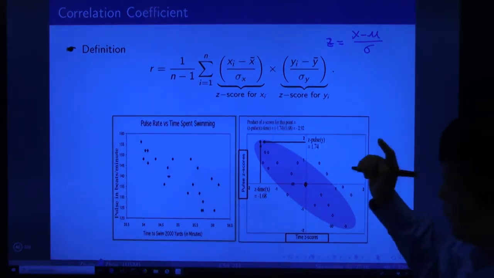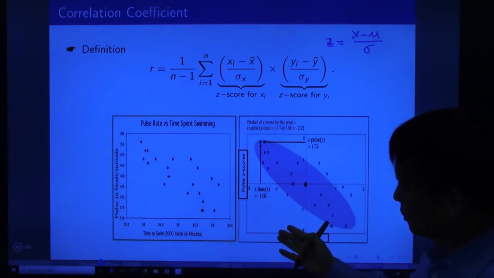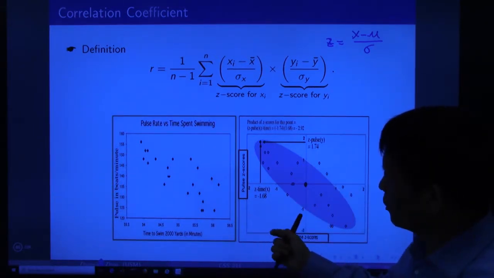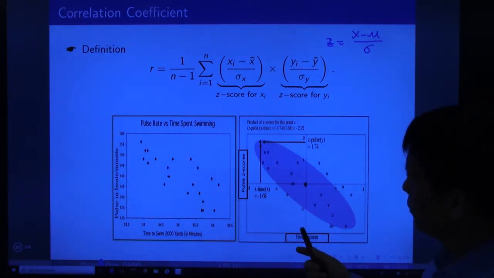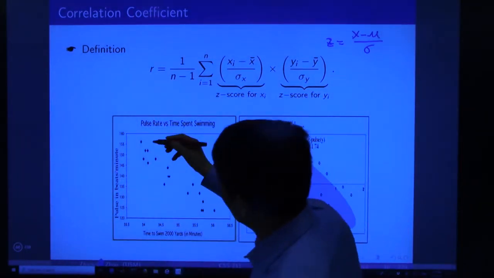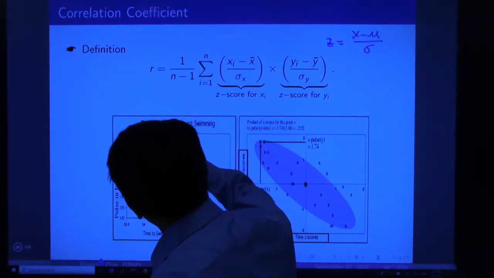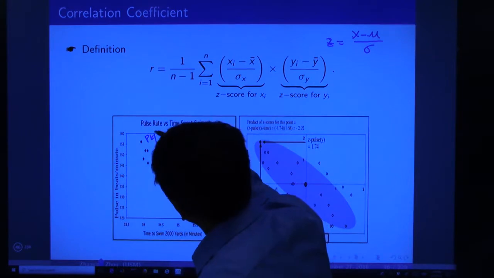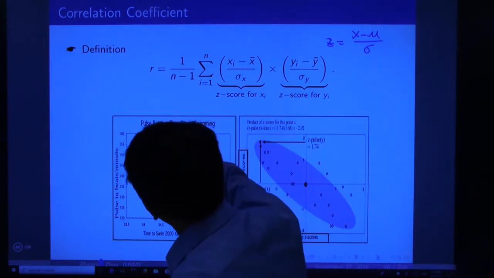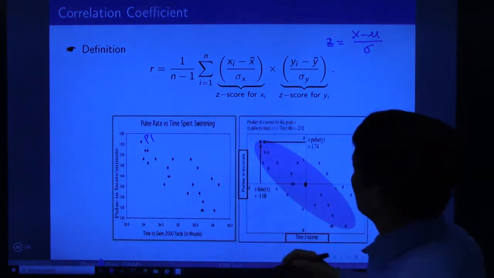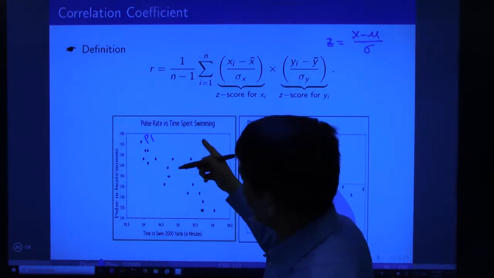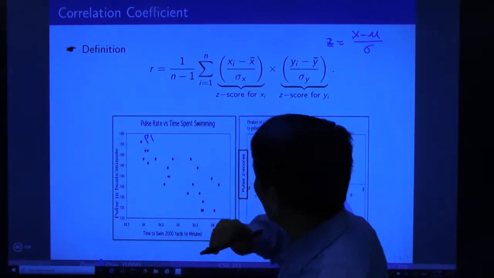We try to calculate the z-scores. We can calculate the z-scores for each x value. For example, for the first point, point 1, the corresponding x value is x1, and the corresponding y value is y1.